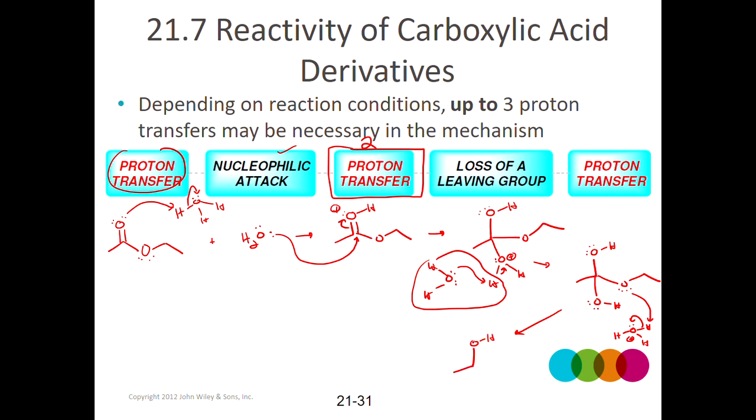So in this case, we have two proton transfers occurring between the nucleophilic attack and the loss of the leaving group. So then the loss of the leaving group will always involve electrons shifting in to reform the CO double bond and pushing out a leaving group.